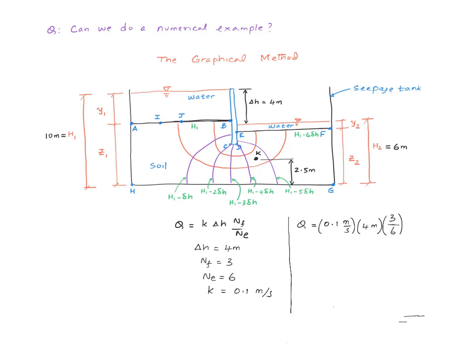Let's just say we consider 1 meter into the paper. So we have to multiply this by the width of the seepage tank. So now you simplify all of these, and I get 0.2 meter cubed per second for the volume flow rate.